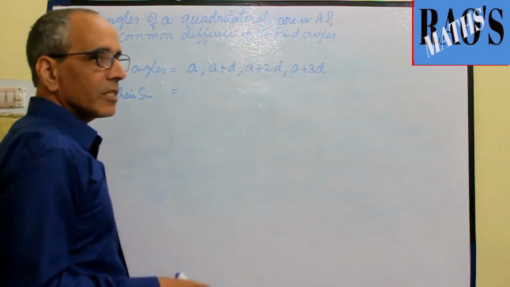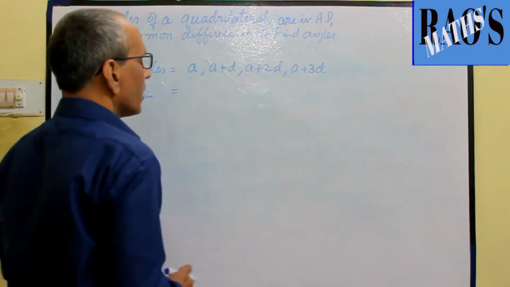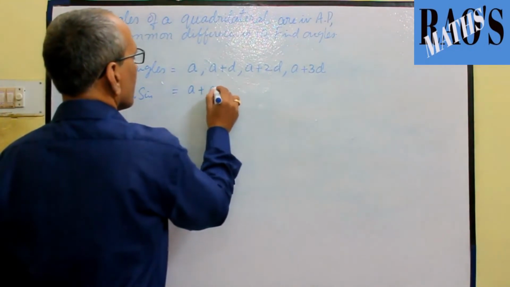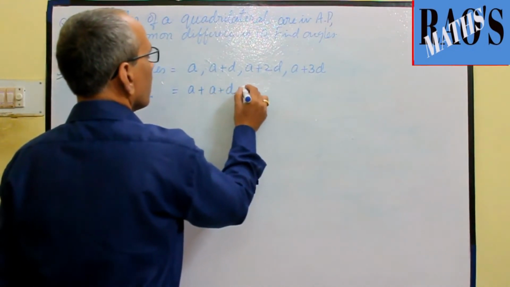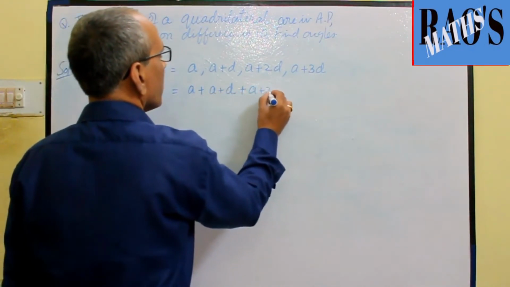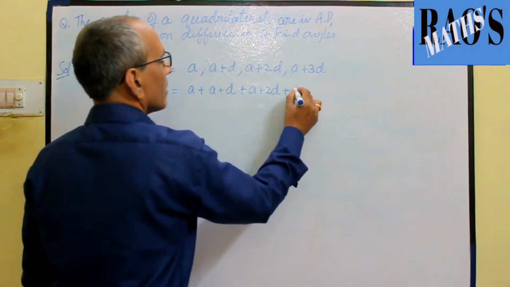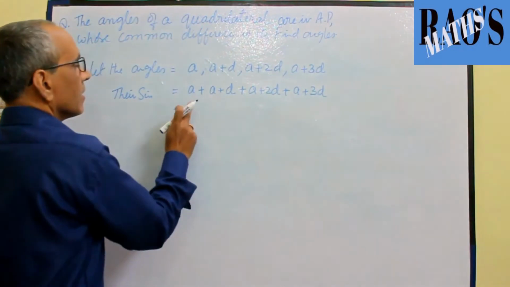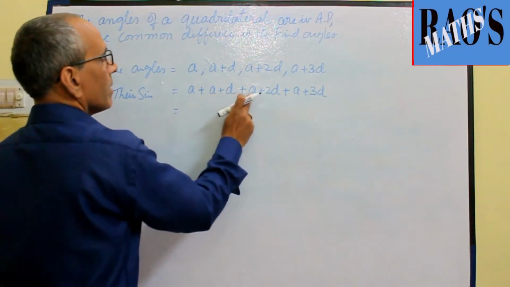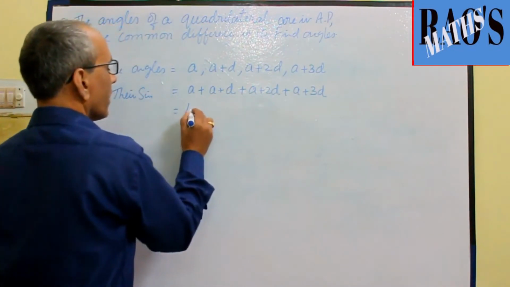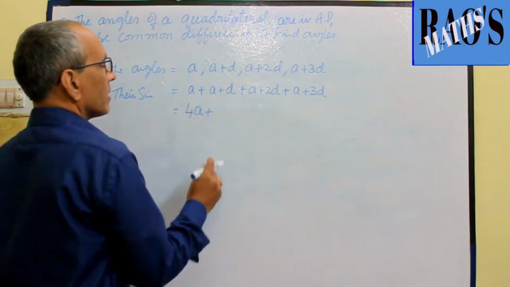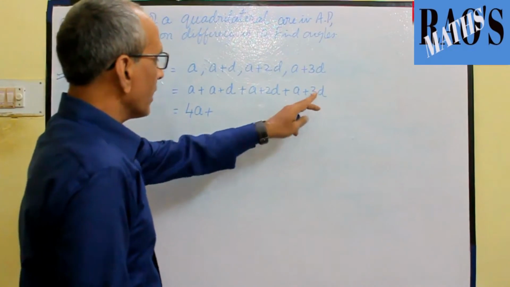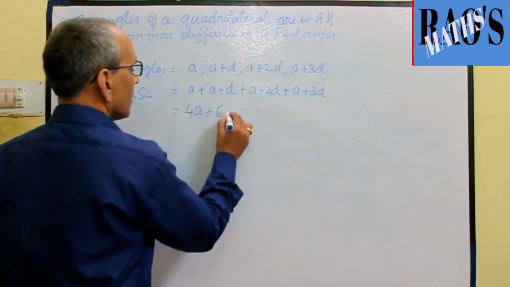We know the sum is 360 degrees. Let me add up this value in terms of A and D. A plus D plus A plus 2D plus A plus 3D. I get A plus A plus A plus A, that is 4A, plus D plus 2D plus 3D, total 6D.